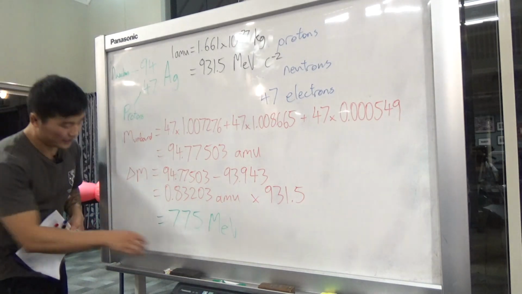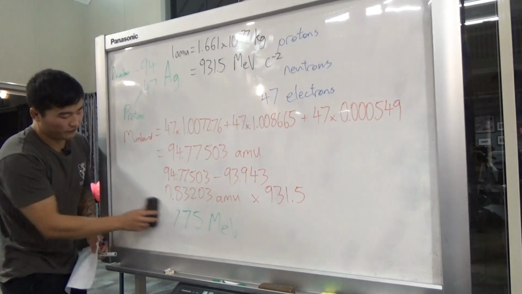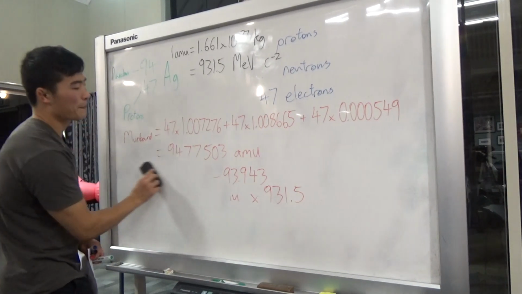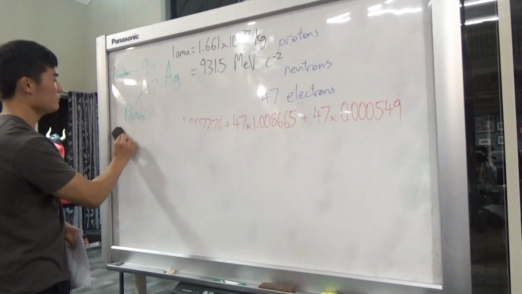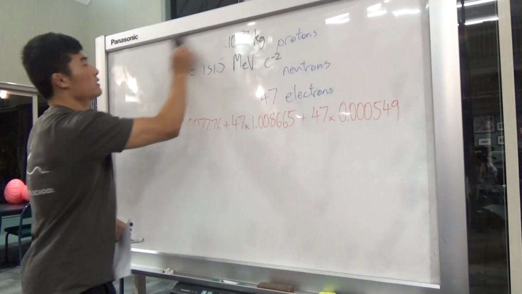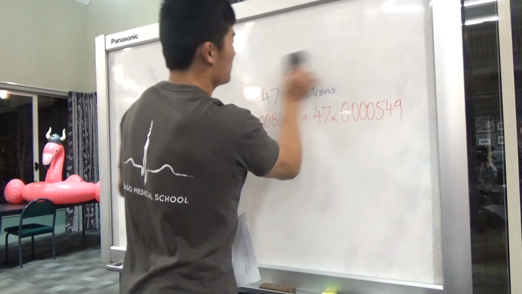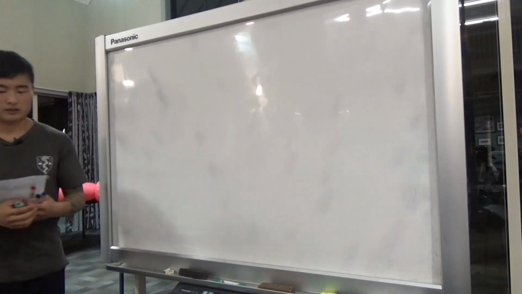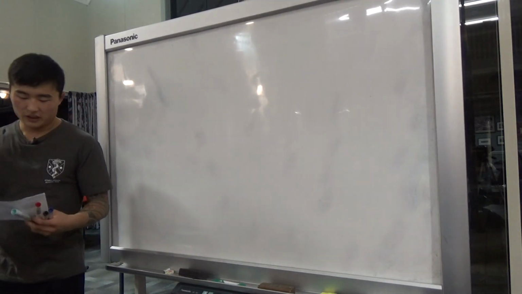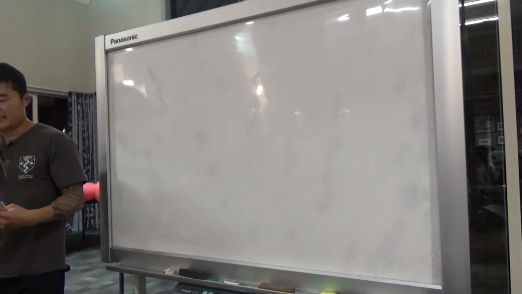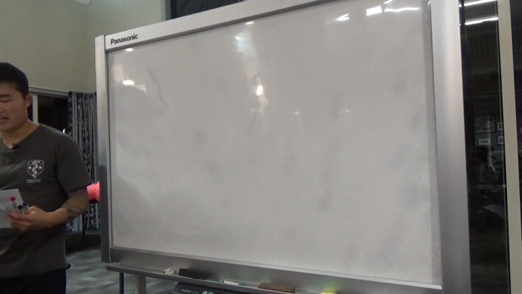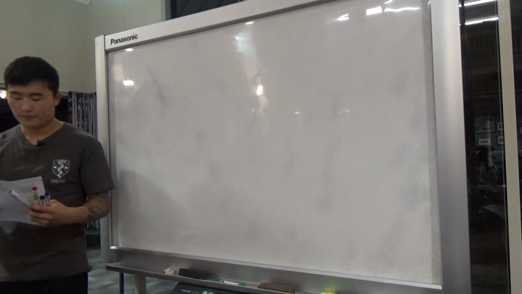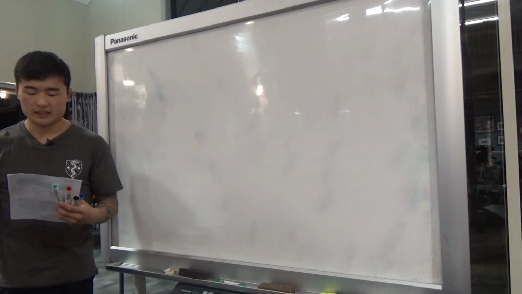Okay? So next we'll move on to alpha decay. Which one of the following particles is produced in the decay of uranium-235 to thorium-231?